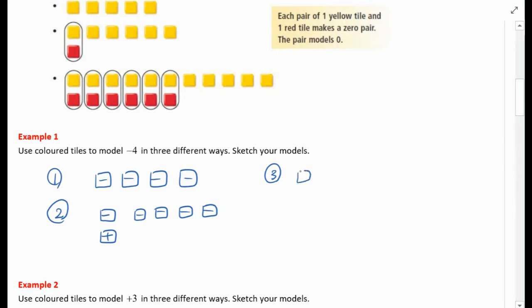Okay, so I'm going to introduce three 0 pairs and draw 4 negative tiles. This is also negative 4. So there will be more ways. So those are just the 3 ways representing negative 4.